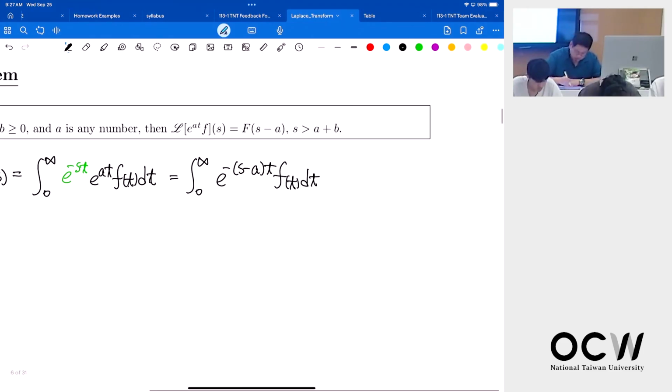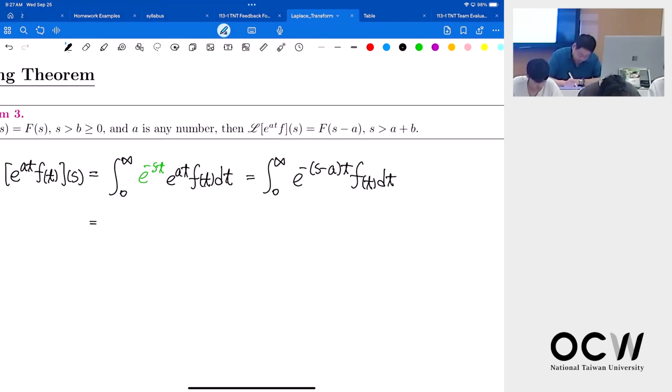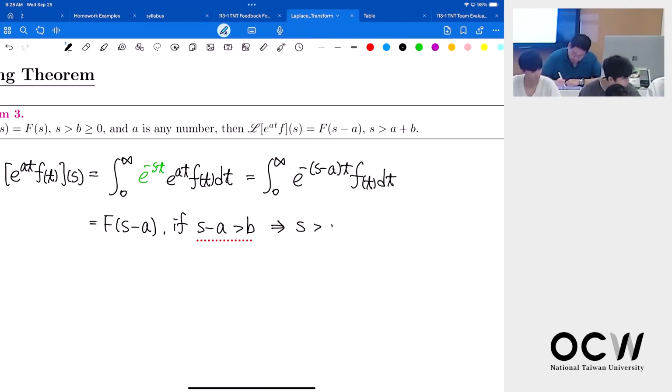And this is F(s minus a), if s minus a is greater than b, which means if s is greater than a plus b, the sum of a and b.